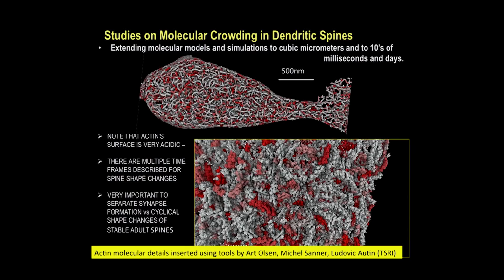More adventuresomely, we're saying, okay, if we know it's actin, or the majority of what's there is actin, what does it look like if you substitute for the center lines that we defined for the actin that you saw in that previous colorful spine spinning, actually actin? And does that tell us anything about the charge and the crowding? So this is taking actin, replacing all the threads.